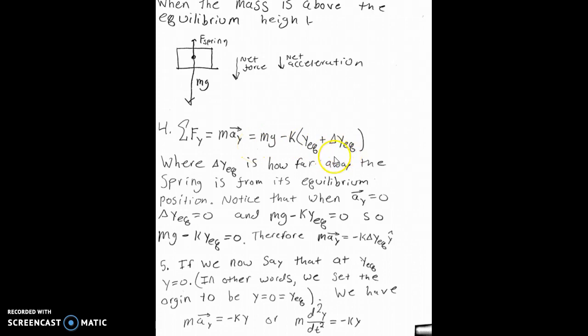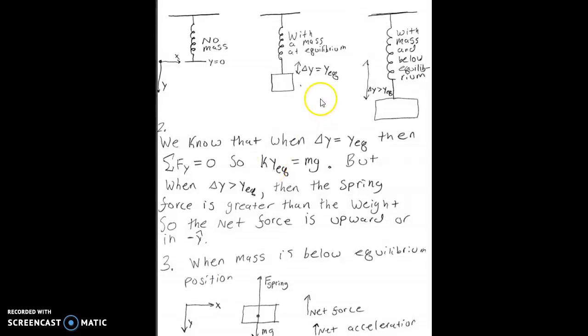So what's going on here is this whole displacement is going to be the y of the equilibrium position plus the change from the y in the equilibrium position. If this is the y in the equilibrium position, at this point the sum of the forces is 0.